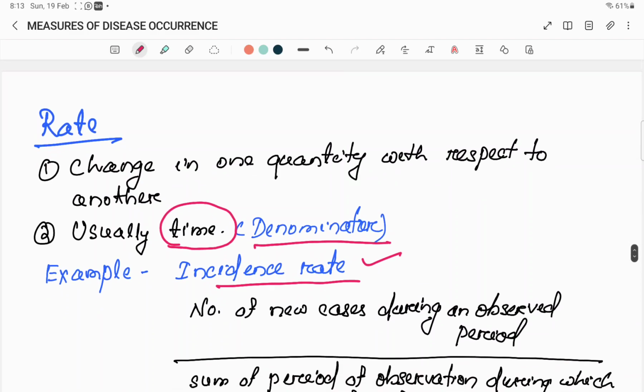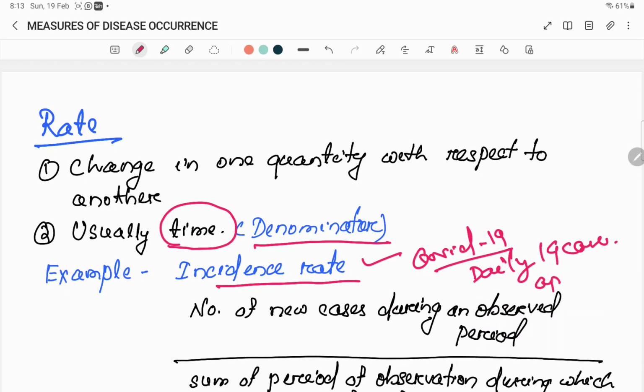For example, for COVID-19, if 19 cases are appearing daily, we can say its incidence rate is 19 cases per 24 hours. Therefore, in rate there is an internal time component, which is not there in ratio or proportion.